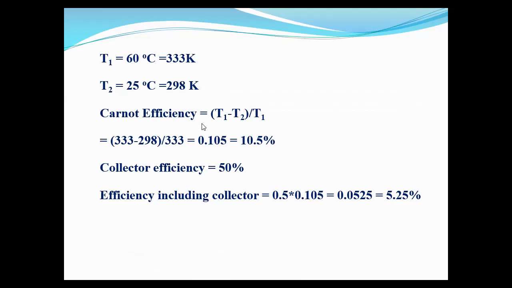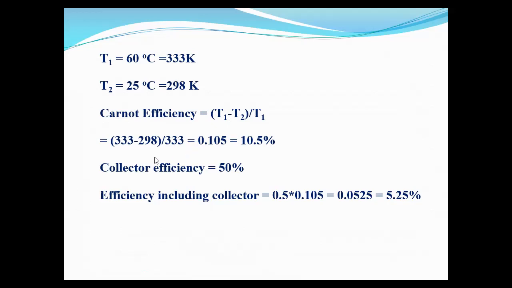Then the Carnot efficiency is (T1 minus T2) upon T1. So T1 is 333 K, minus 298, upon 333. So what is this ratio? 0.105. In percentage, 10.5% is the Carnot efficiency.